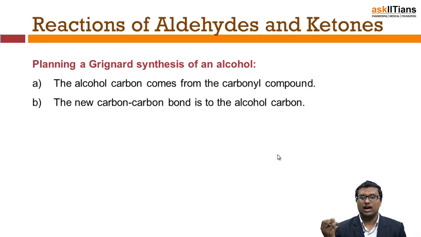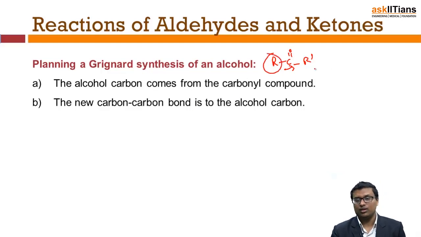And remember, the alcohol carbon comes from the carbonyl compound, right? For example, you have RCOR dash. This carbon of the alcohol comes from the carbonyl carbon itself. But where does the new carbon come from? The final product is this, with OH, R dash and R double dash.